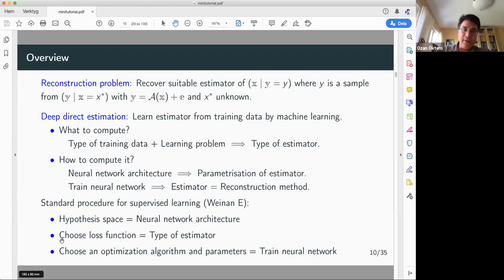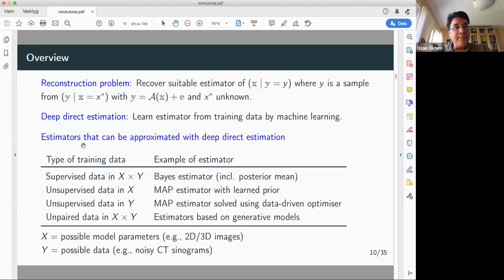He was saying that one needs to choose a loss function, which essentially means you decide on which learning problem you're solving, which means you're specifying the estimator you're computing. And he was mentioning that you need to choose an optimization algorithm and the hyperparameters for doing the training itself, which essentially means train a neural network. So this is his way of stratifying how to use machine learning in scientific problems or problems in general. I'm just trying to relate that to today's talk, so to say.